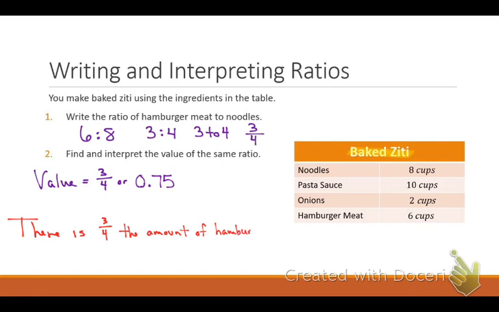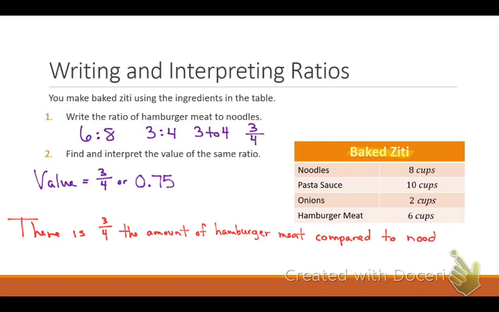If I'm using 1 cup of noodles, that means I'm using 3/4 of a cup of hamburger meat because it's 3/4 the amount compared to noodles. And now that I know the value of that ratio, I could double my recipe and I would know how much I needed to use compared to noodles.